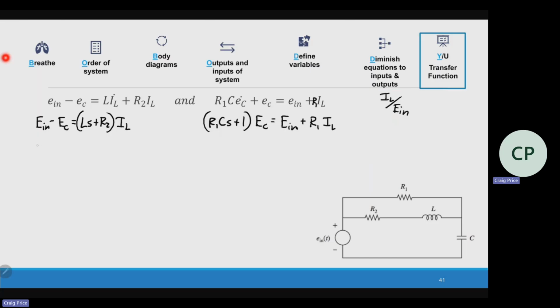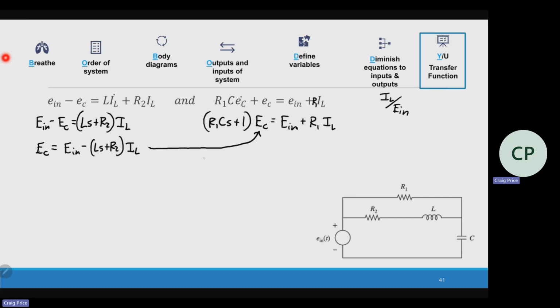So I'm going to choose this one. EC is equal to En minus LS plus R2 times the current. We're going to take this definition and plug it in here. So this is how we can get rid of it. I'm going to rearrange this and solve for EC. Now we're going to plug it into the other equation, and this will get us closer to that transfer function.